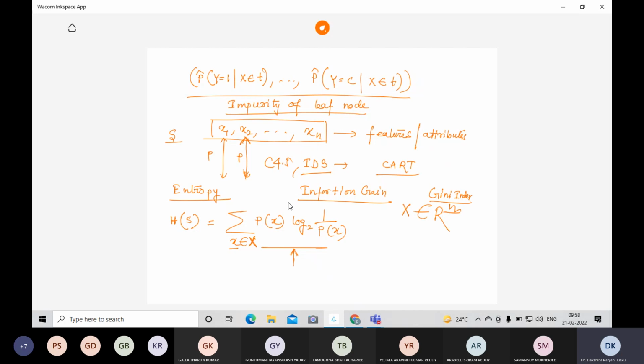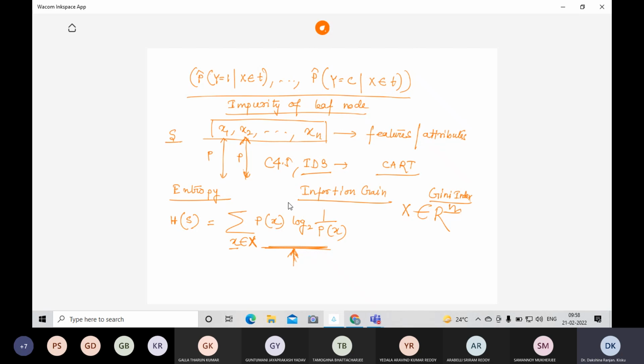For a particular feature x that belongs to capital X, we can get the entropy by taking the summation over probability of x multiplied by log of 1 by probability of x. This equation of Shannon entropy gives us the measure of the amount of randomness and uncertainty.